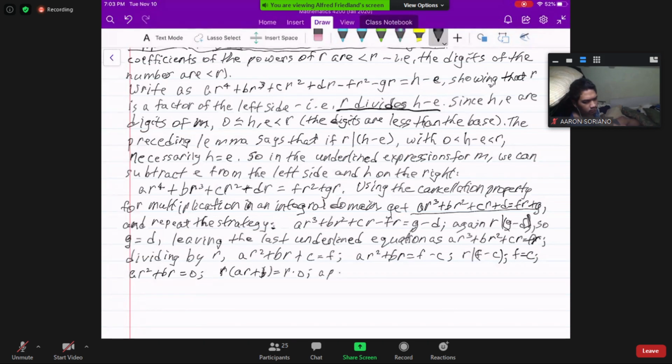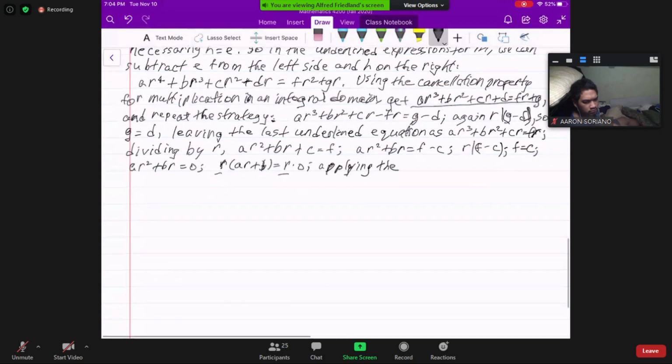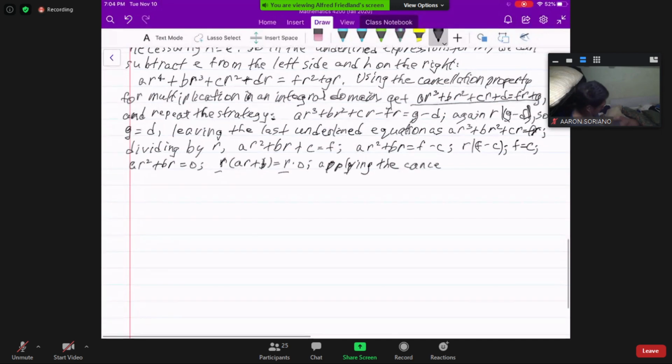And so now you have that R is not equal to 0. And so the cancellation law in an integral domain says, cancellation law for multiplication.